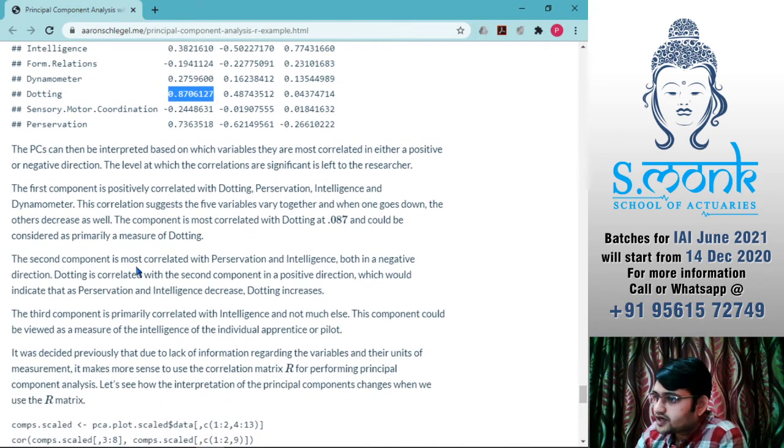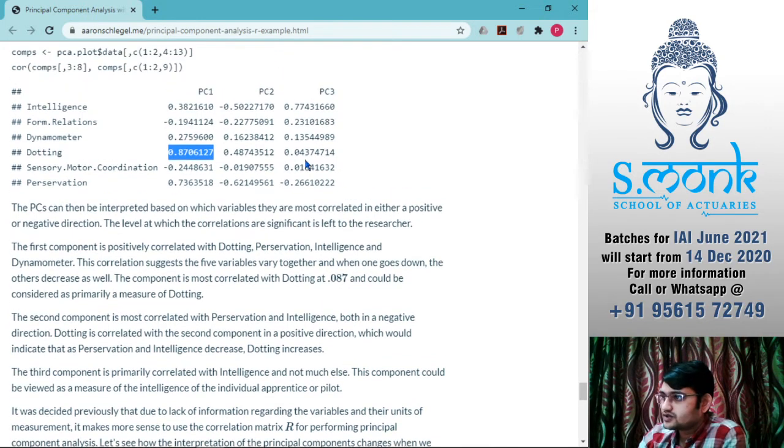The second component is most correlated with perseveration and intelligence, both in a negative direction. The dotting is correlated with the second component in the positive direction, which would indicate that as perseveration and intelligence decrease, dotting increases.